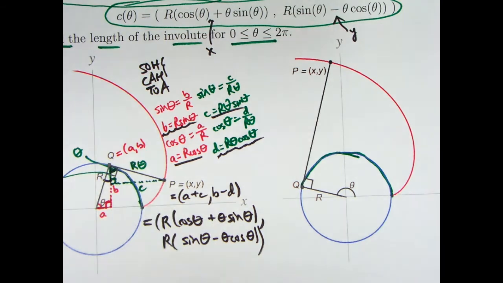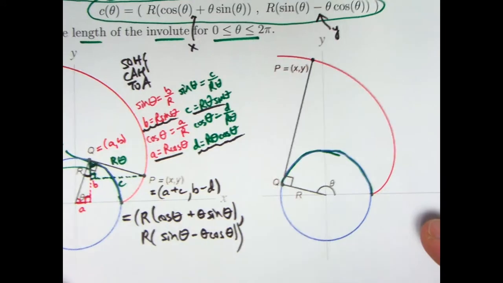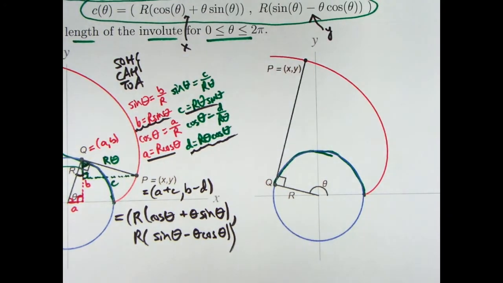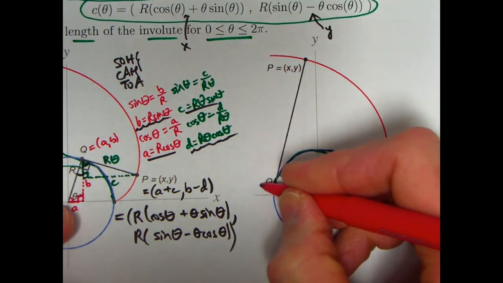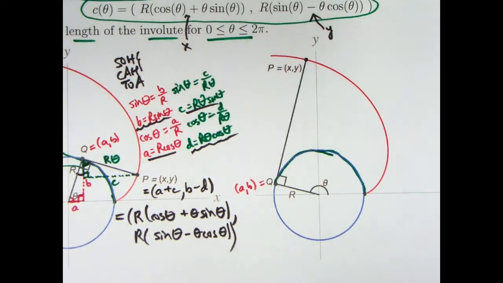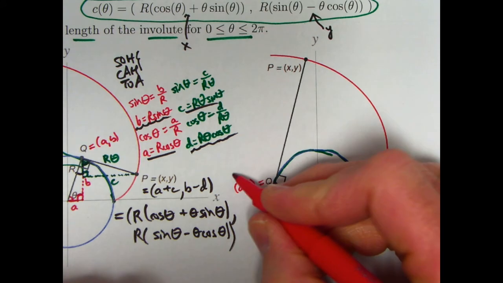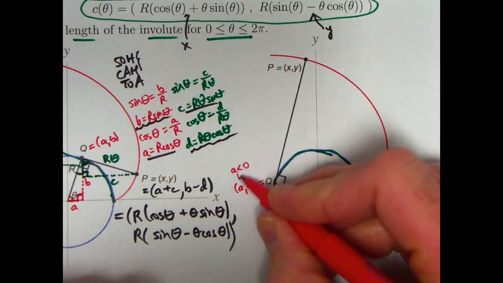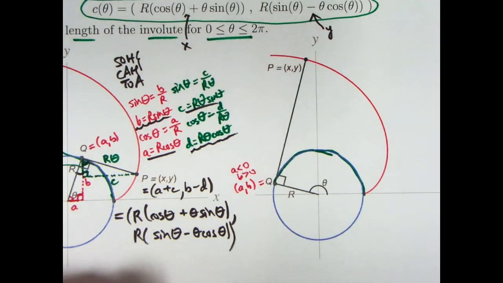But if your picture changes, like if it's the second picture, the derivation could actually be a little different. Now I'm still going to call in the second picture the coordinates of Q A comma B. However, keep in mind that if this is the situation, if this is the picture, A would have to be negative and B is positive here.